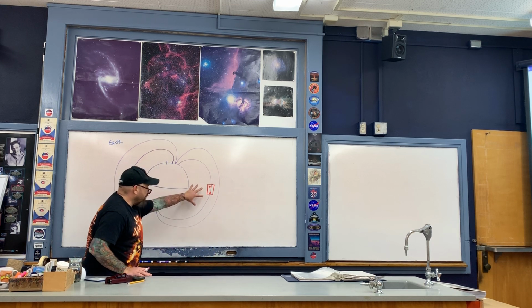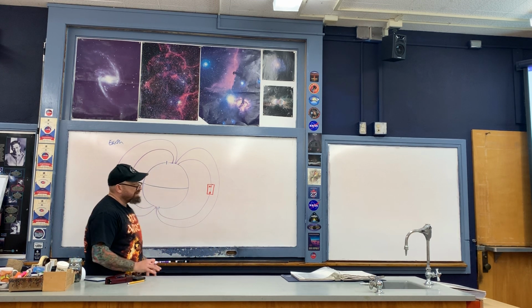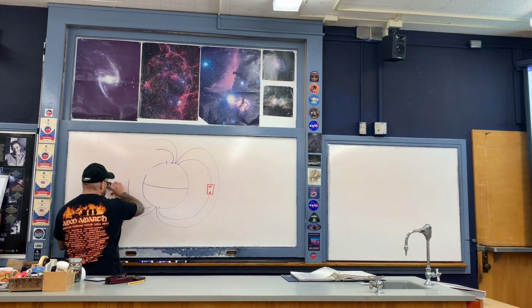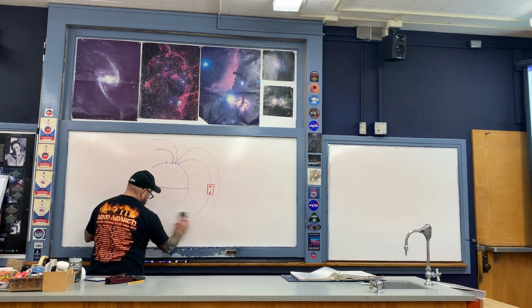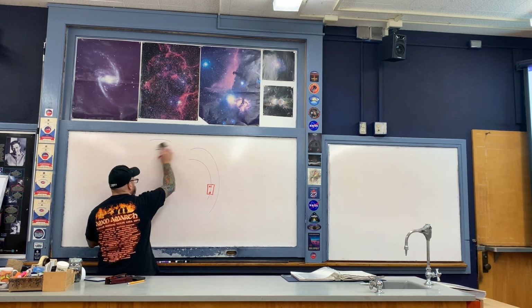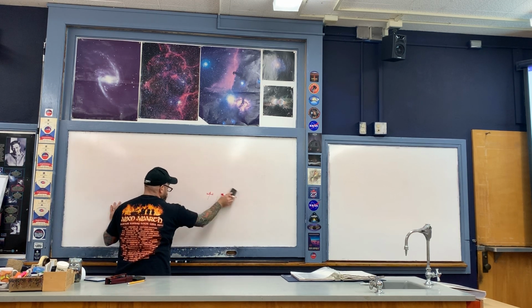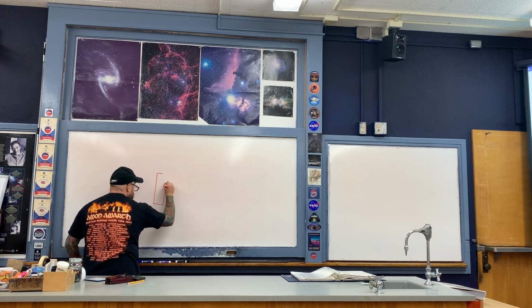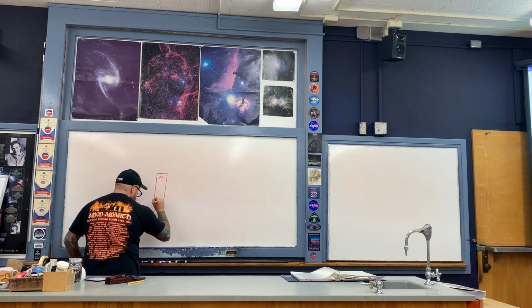Okay, now let's take a look at the bar magnet itself in more detail, and as I said, it also has a dipole shape associated with its magnetic field. So here is that bar magnet, like so. Here's north and south.